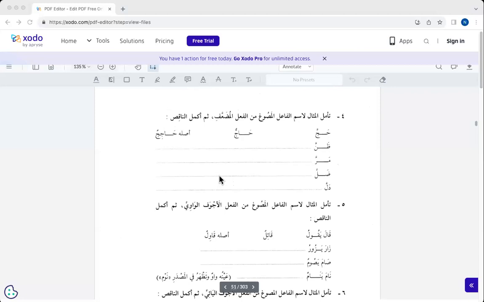And if the verb happens to be a verb that is sahih, but two of the letters are the same, like hajja, dhanna, marra, dalla, for example, this is known as al-fi'l al-muda'af.